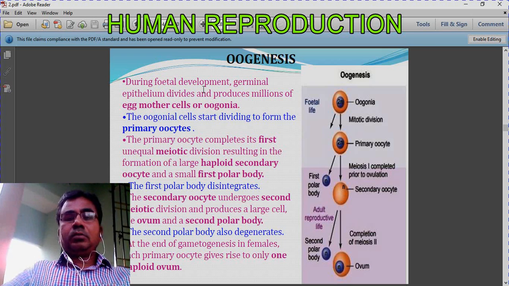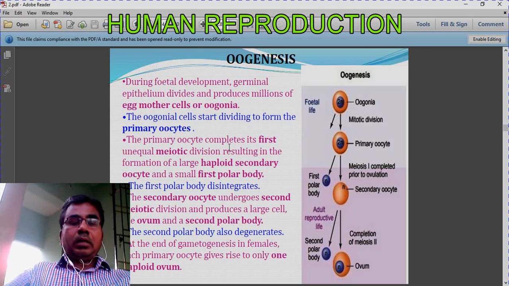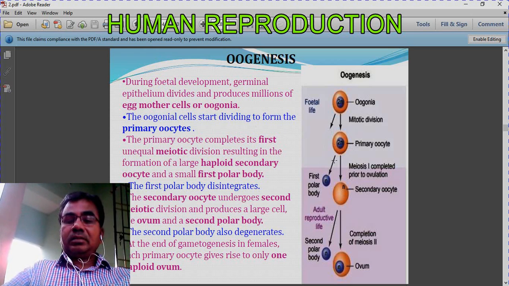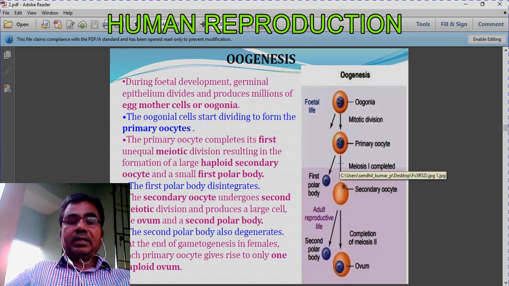Okay, these oogonia start dividing to form primary oocytes. In the diagram, oogonia undergo mitotic division and produce many primary oocytes. Then these primary oocytes undergo meiosis. Meiosis is otherwise called reduction division.